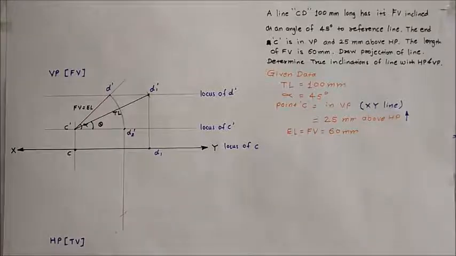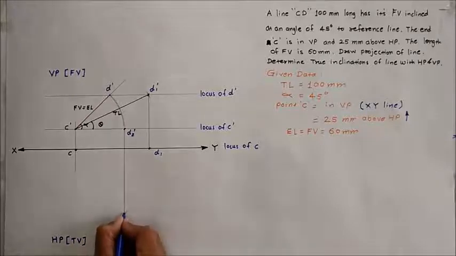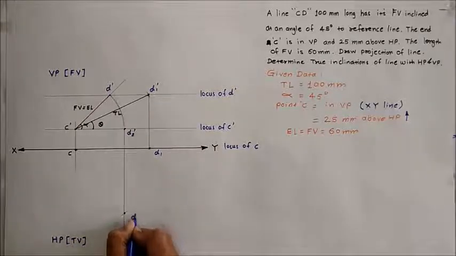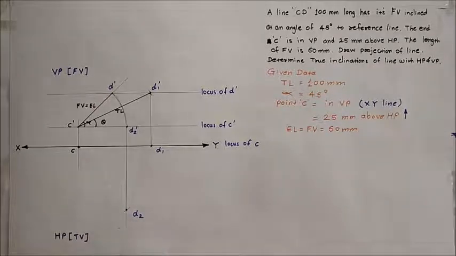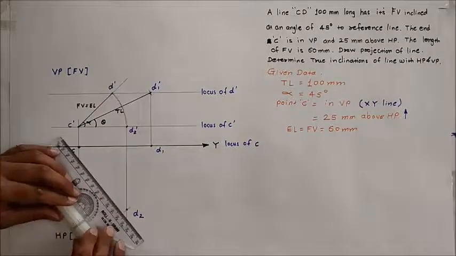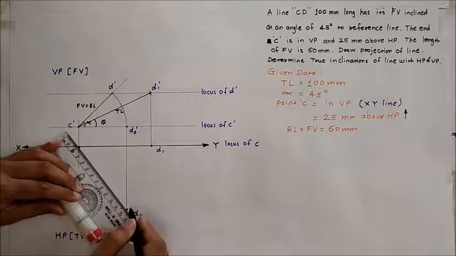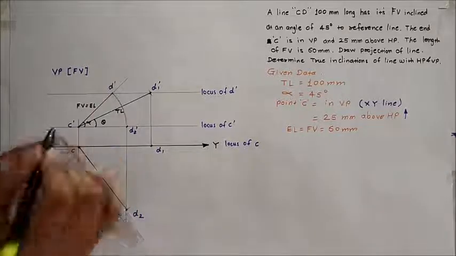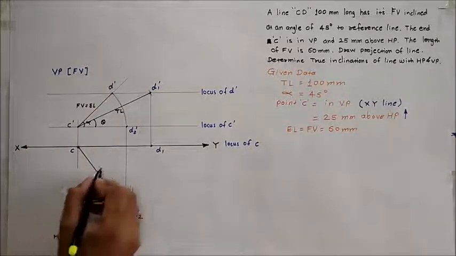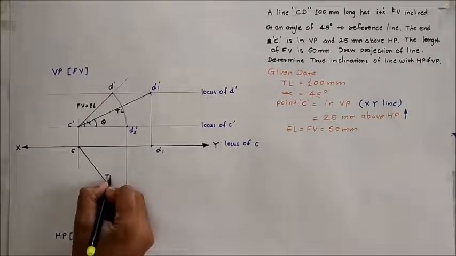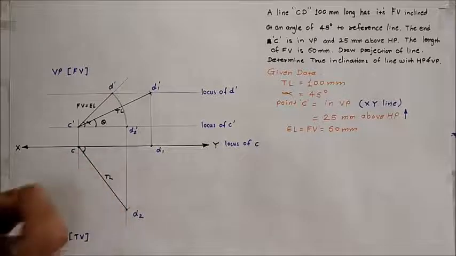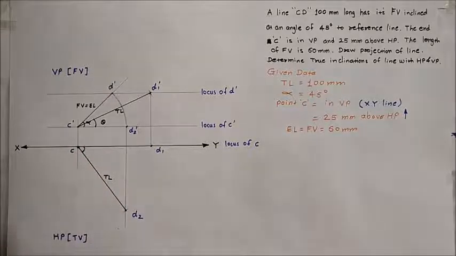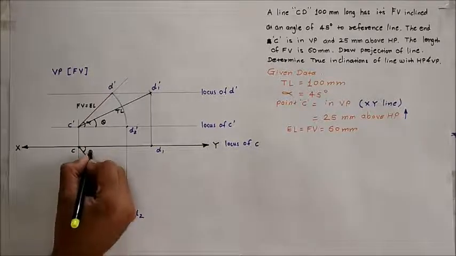Give the nomenclature to that point as D2. After marking point D2, join C D2. This CD2 is the true length of the line, and the angle made by CD2 with the XY is phi.